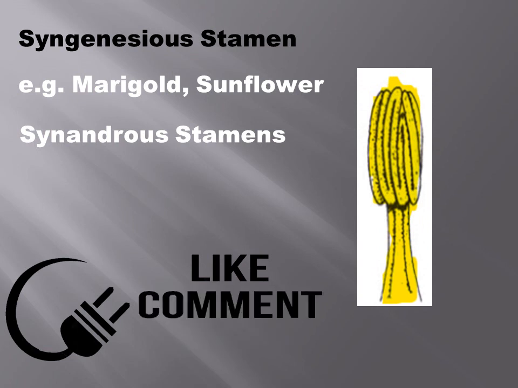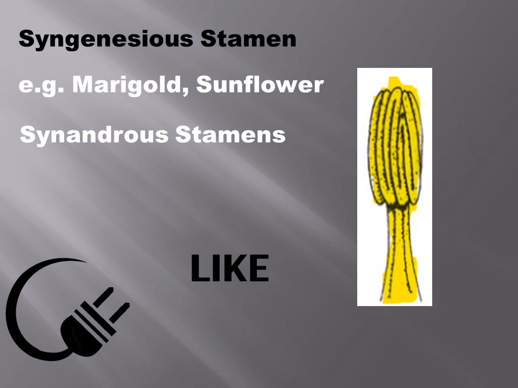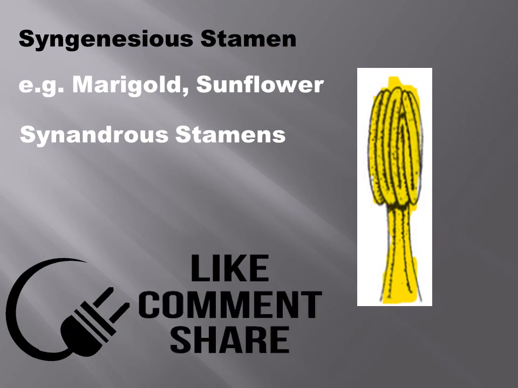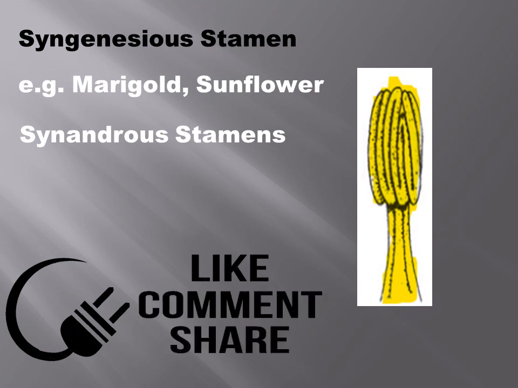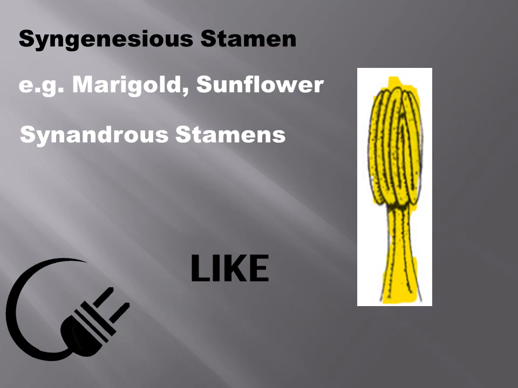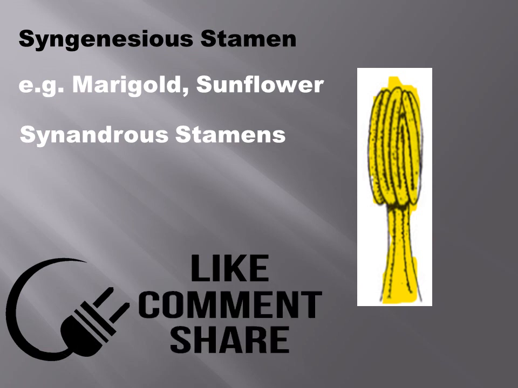When both filaments and anthers unite together to form one group, it is called synandrous. So in the syngenesious stamen, the anthers are united to form one group and the filaments remain free, while in the synandrous form, both the filaments and anthers are united together to form one group.